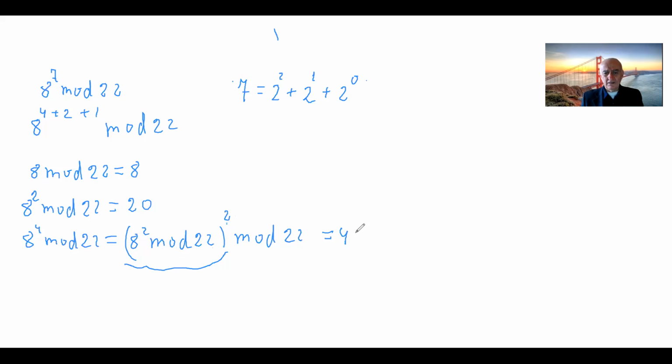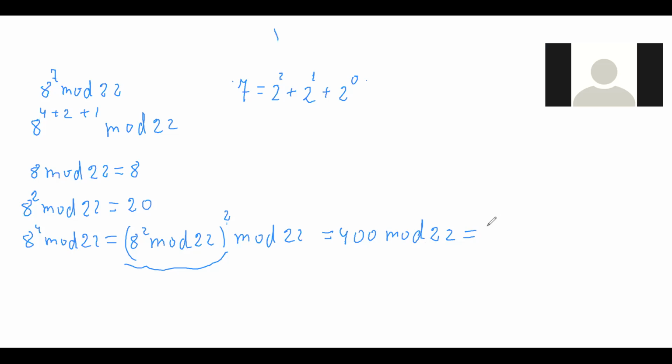So we need to find 400 modulo 22. It's 4. Very good.